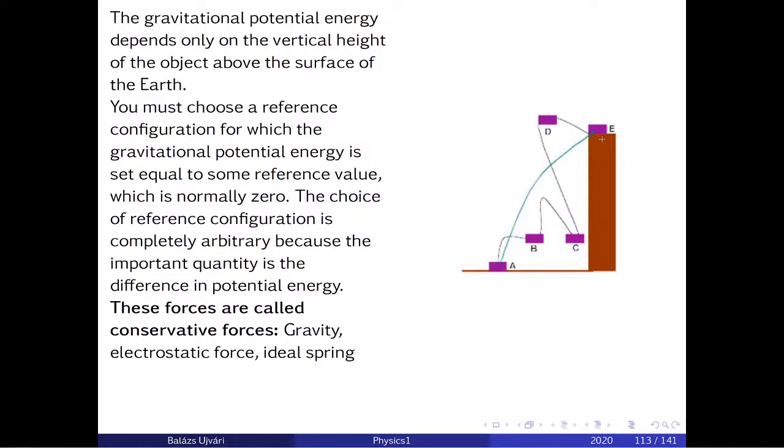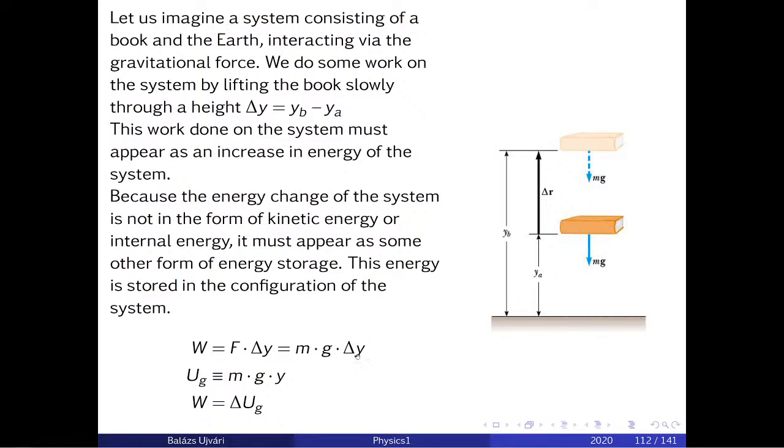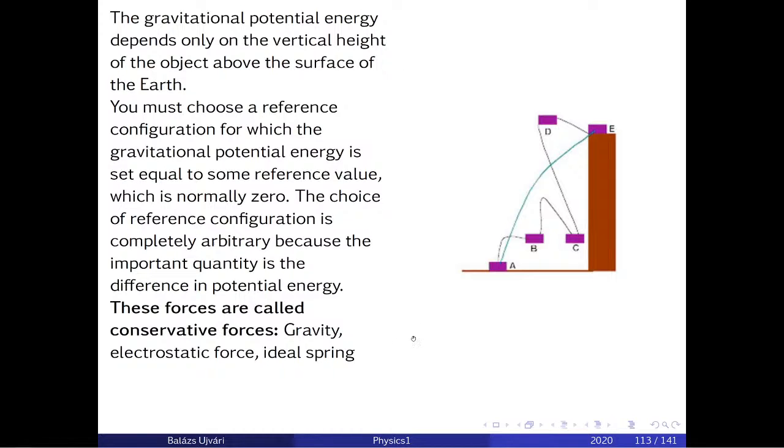The work done by the gravitational force on this body during this path is always the same, because it depends only on the distance from the zero level, and this is true for both kinds of motion.